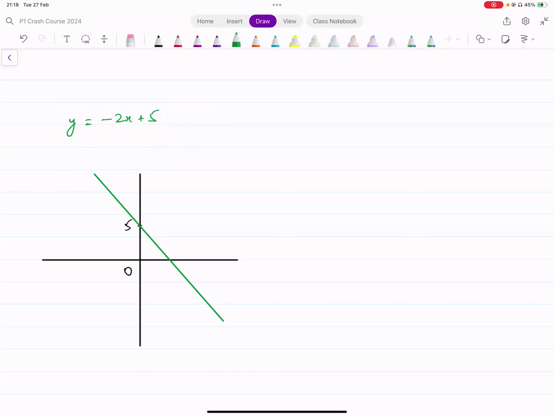How is this equation related to this graph? How are these two things connected? Why do we say that this equation represents this graph, or this line is the graph of this equation?